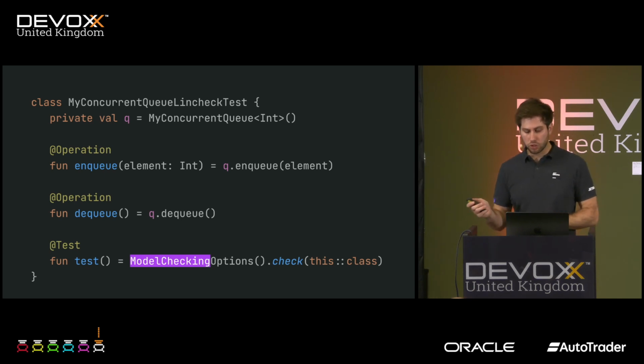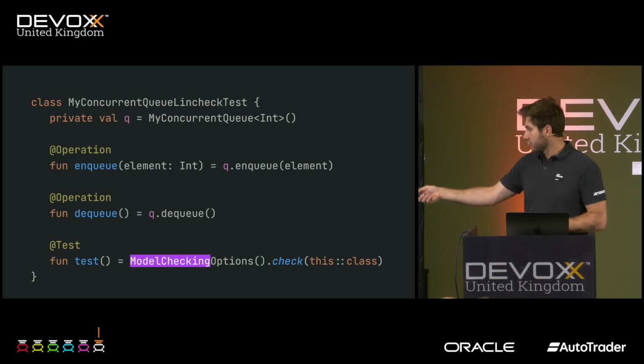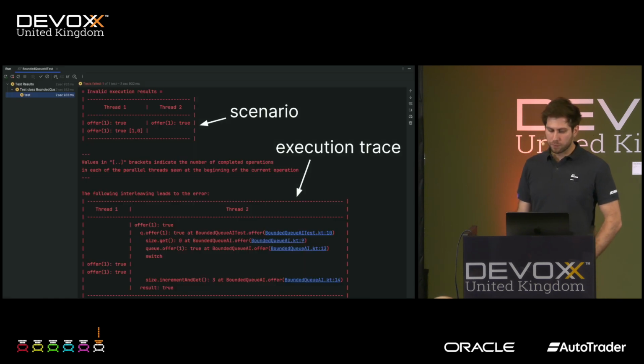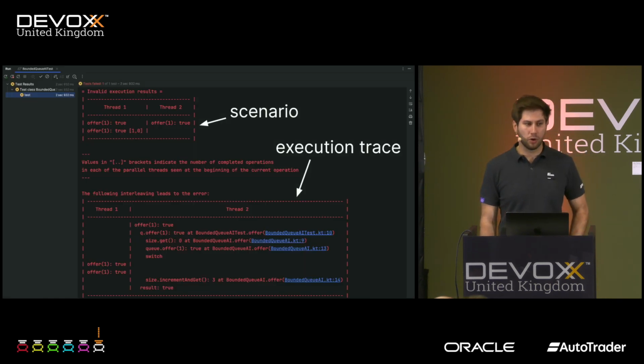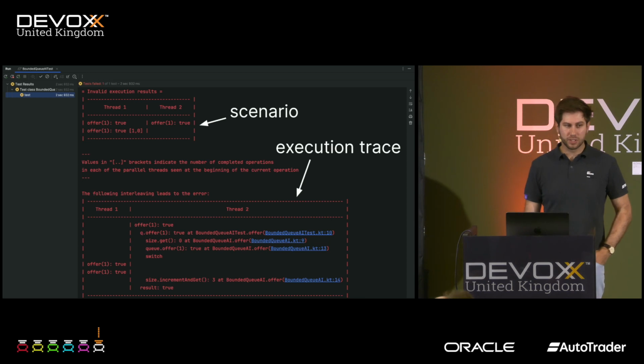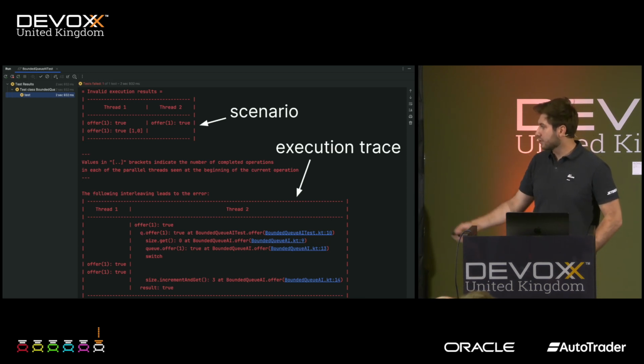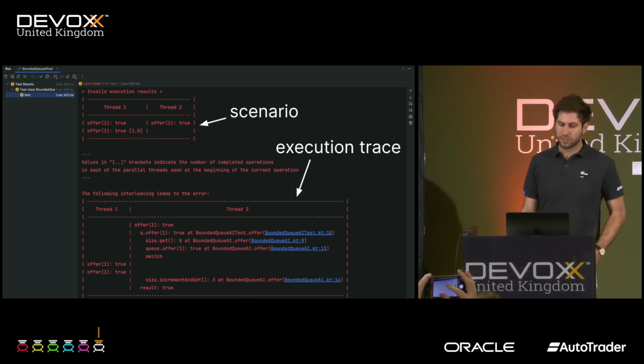And the only thing we need to modify is to say that instead of stress test, it should be model check test. And if we run this test again, additionally to the scenario on which our data structure fails, we also see the execution trace with all these events that has just happened.